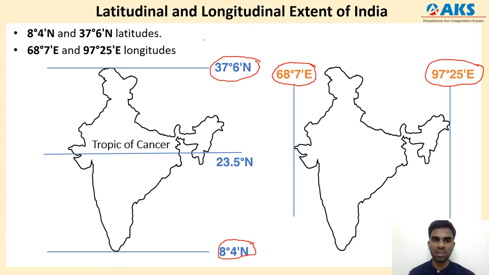If you see roughly, both the latitudinal and longitudinal extent of India is around 30 degrees.